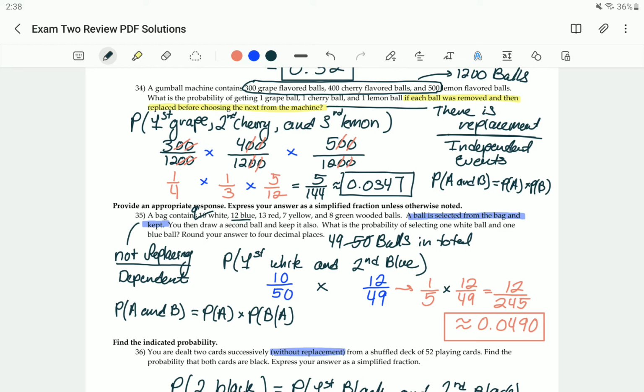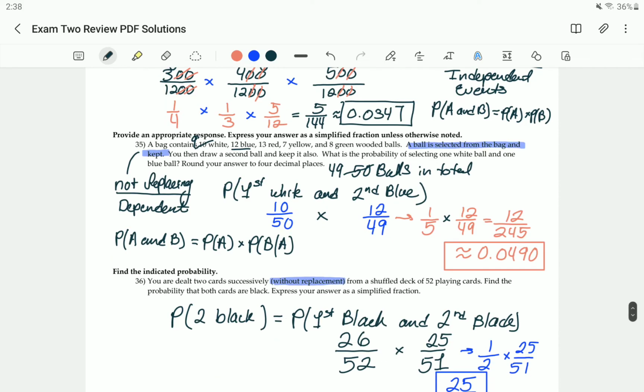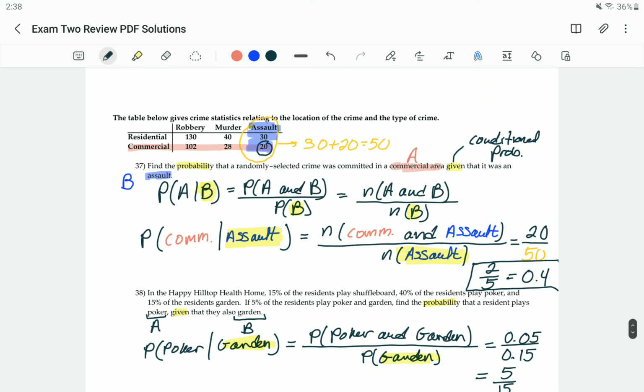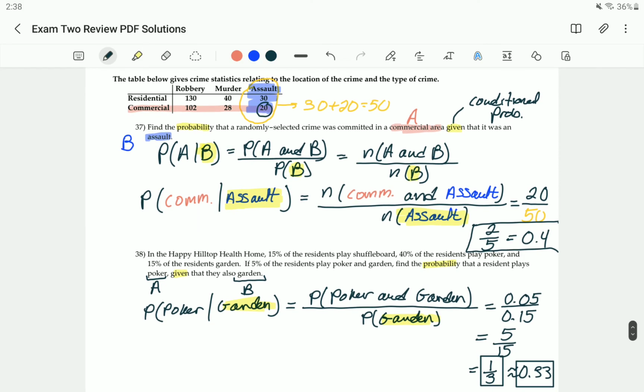If you're not replacing, your denominators are decreasing, as well as the categories. And if you see the word given, that means to use conditional probability. So keep those keywords in mind. Or is for the addition rule, and is for the multiplication rule when there's two or more events happening one after another, and you must pay attention if you're replacing or not replacing. And last but not least, the word given means conditional probability.